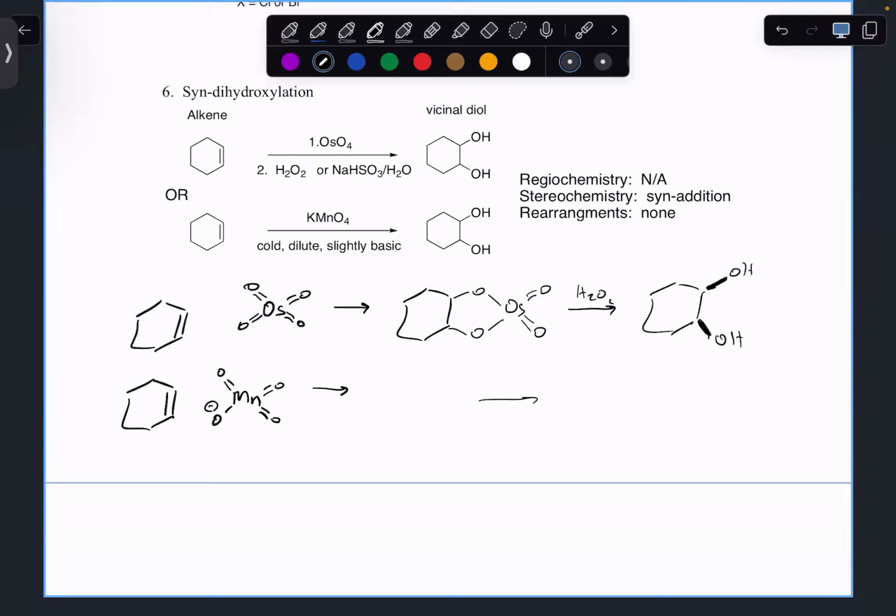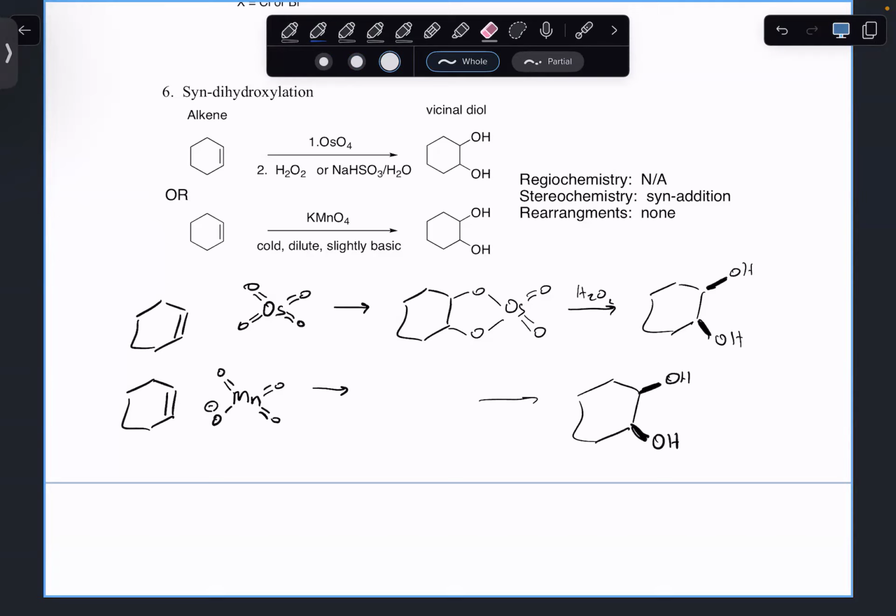And the same thing would happen if you were to use the permanganate. Both of these reagents will do the exact same thing.